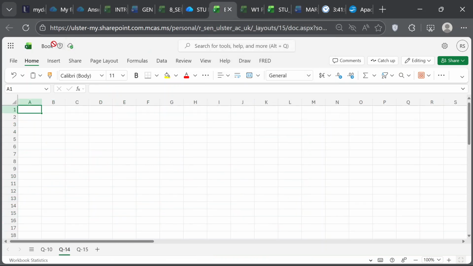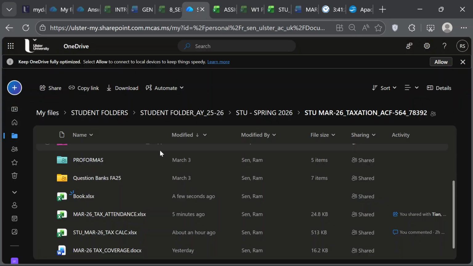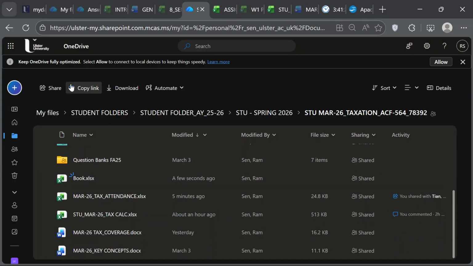Let me call this assignment 1 demo. The assignment 1 demo sheet is in your folder, in the root folder. You'll find it there.